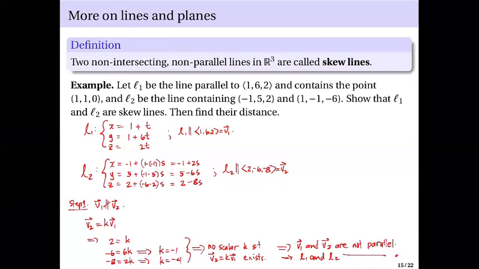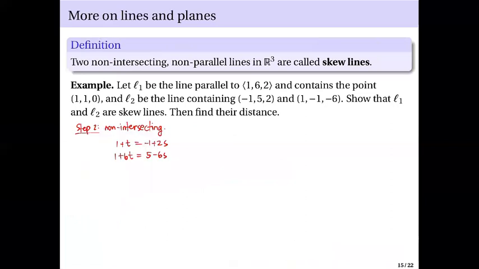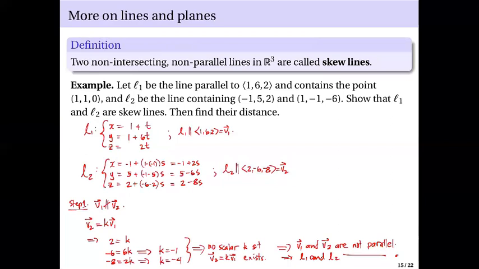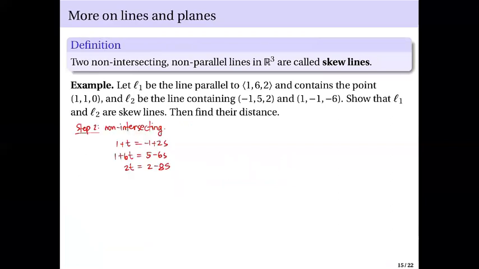And finally, for the third one, we have 2t equals 2 minus 8s. Okay? So we want to solve for this system. Let us label this equation 1, equation 2, equation 3.